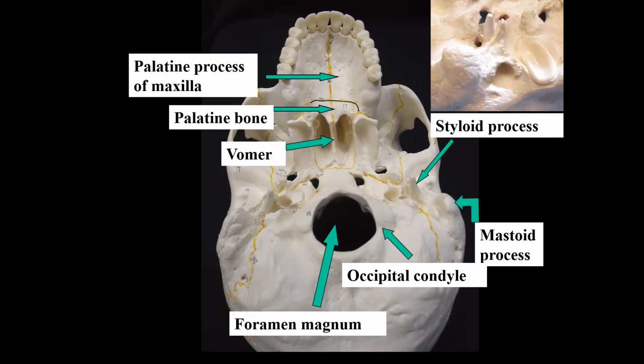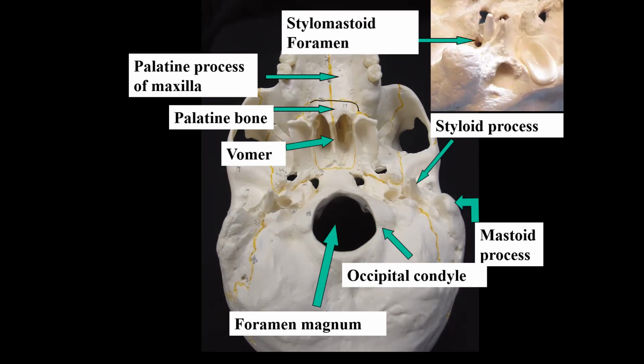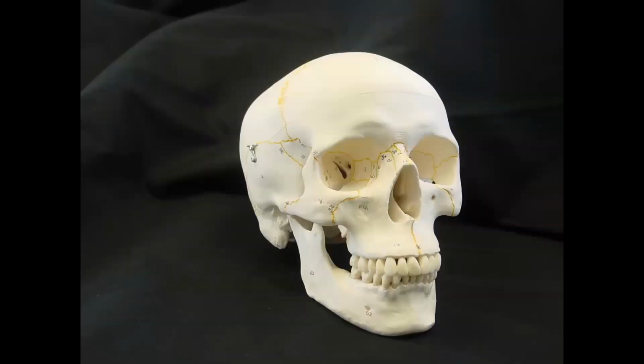They go side to side. Condyles are processes that have a superior and inferior position. Epicondyles have a medial lateral shape. And there's that stylomastoid foramen right there at the base of the styloid process.